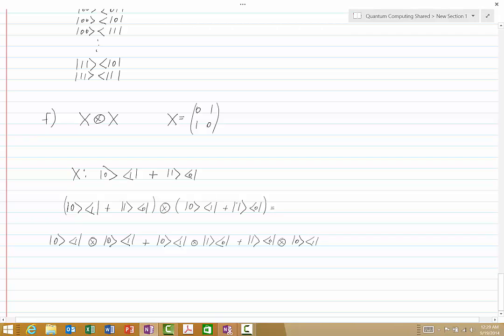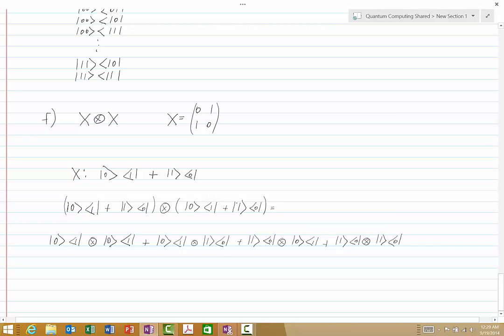And the final term will be the tensor product ket 1 bra 0 with ket 1 bra 0.